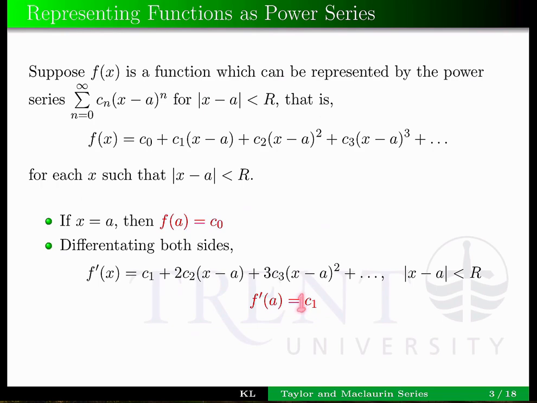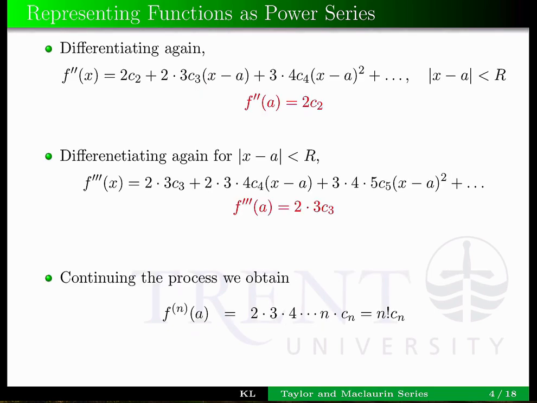Okay? f of a, that's c0. There's a times 1 in there. But that's also the same as 0 factorial times c0. And of course, 1 factorial is equal to 1. So this one is 1 factorial times c1.